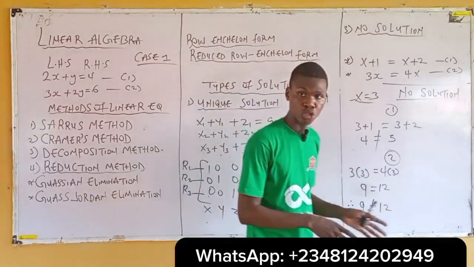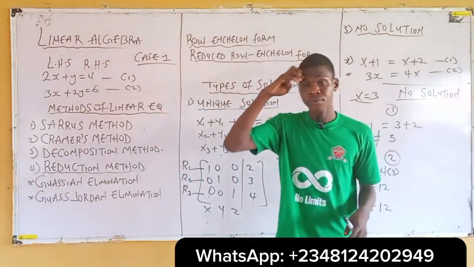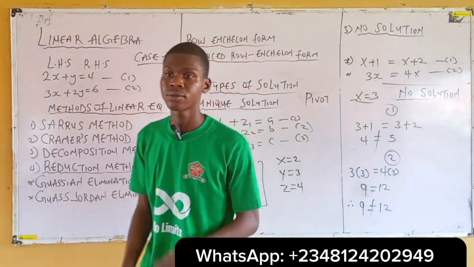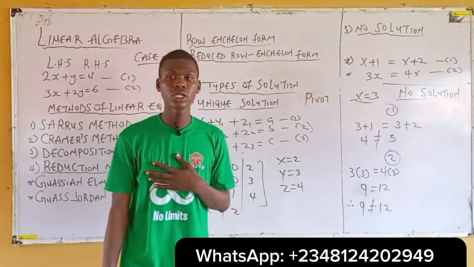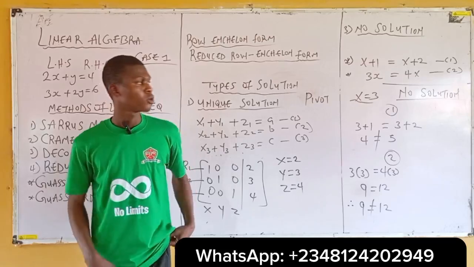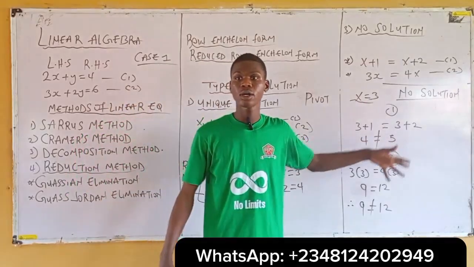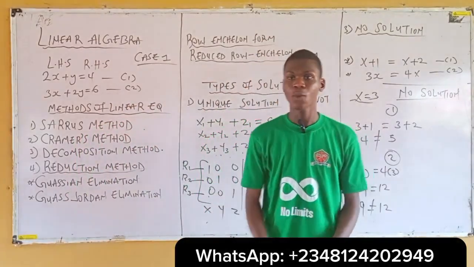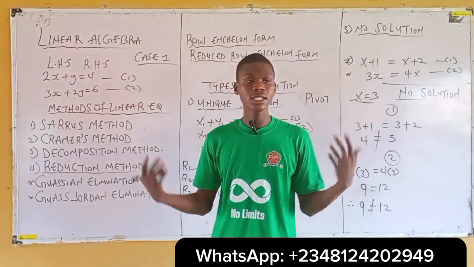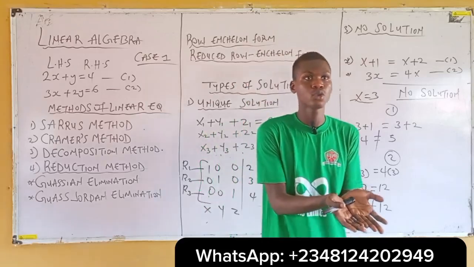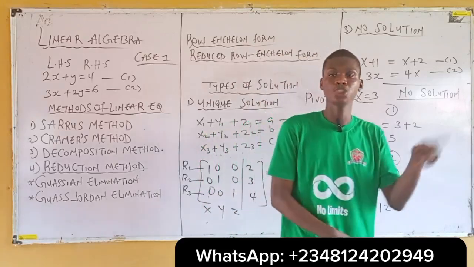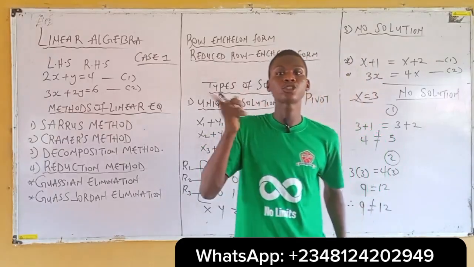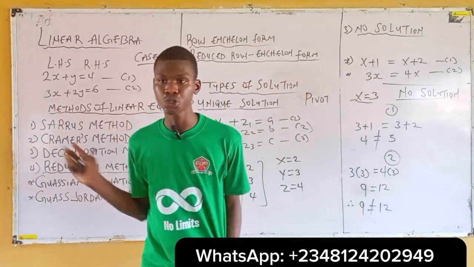Then for many solutions, that's why we need to understand the different types of solution. This is just a guide, in the sense that once you have something like this, you'll be able to categorize that, okay, this is a unique solution, this is many solutions, this is no solution.